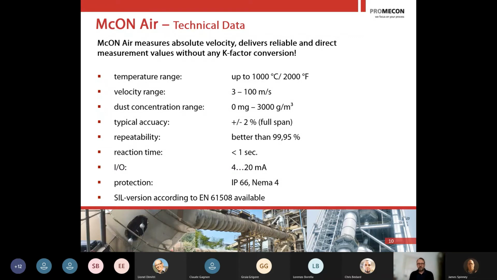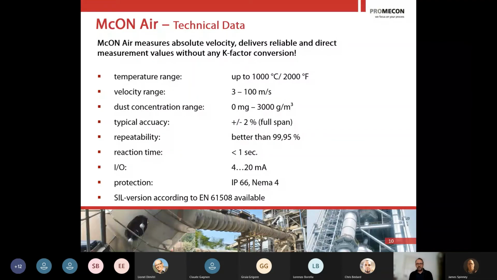Typical accuracy is plus minus 2% on the full span. The repeatability, that's one of the advantages of the measurement system, is that it is working like a time measurement. And the time can be measured quite accurately with modern processors, so we have a very high repeatability on the signal.